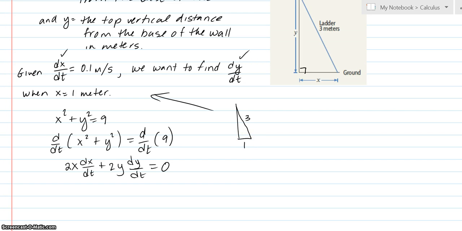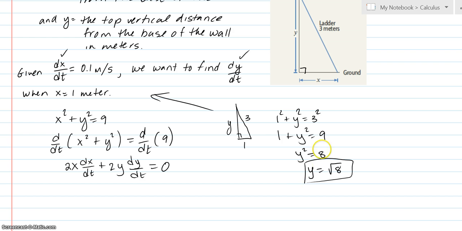But at the moment that x is 1, we can find y: 1 squared plus y squared is 3 squared. You get y squared equals 8, or y equals the square root of 8. It's a distance, so you do not need the negative. And that we can plug in for y here.